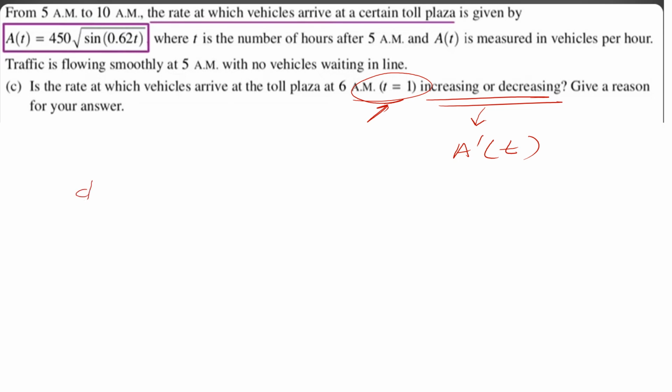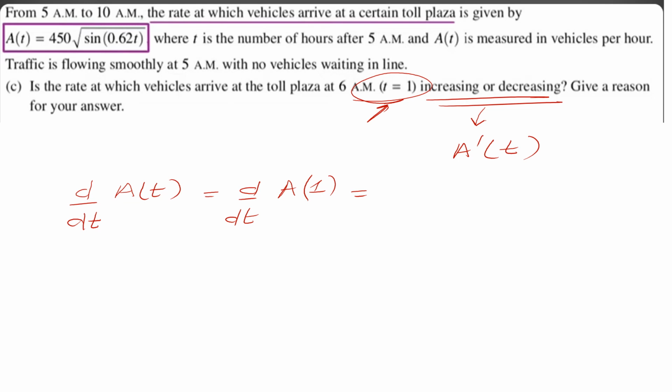So no need to calculate it, just write d by dt of the function A of t, or you can write it as d by dt of the function A at 1 is equal to. No need again to calculate the whole function.